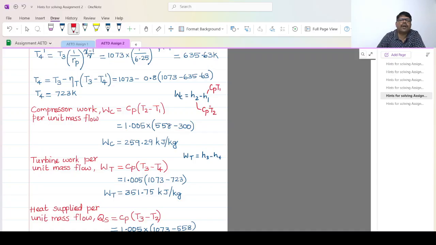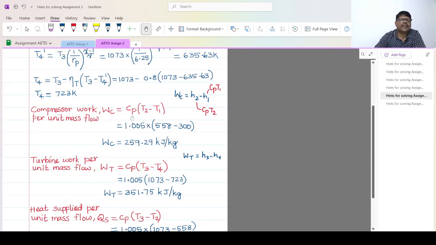So Cp is common, I can take out Cp, then I'll write Wc equal to Cp into T2 minus T1. In this expression, Cp is the specific heat of air at constant pressure.